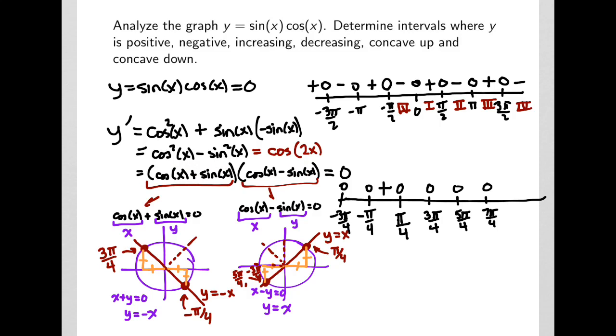The second interval, from pi over 4 to 3 pi over 4, again, the angle pi over 2, the 90-degree angle, is in that interval. So that's another example of a point that's easy to find. This time the cosine is 0 and the sine is 1.